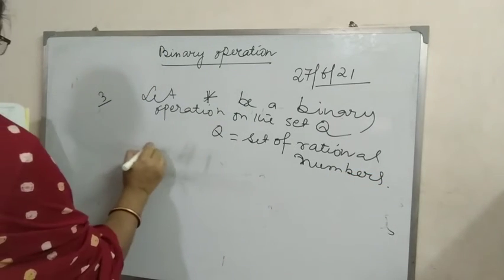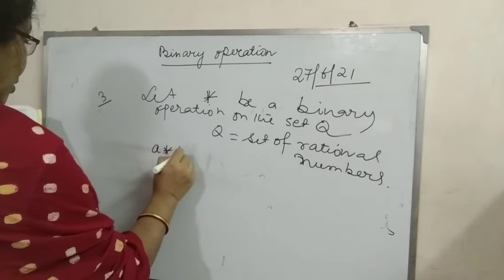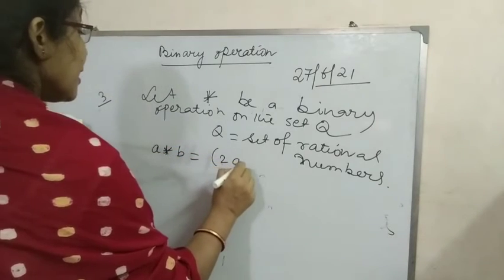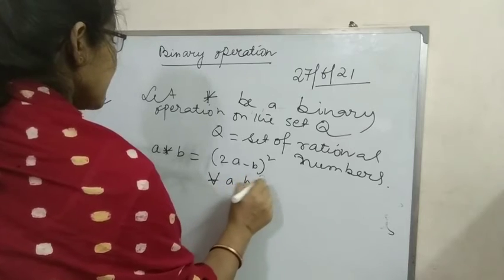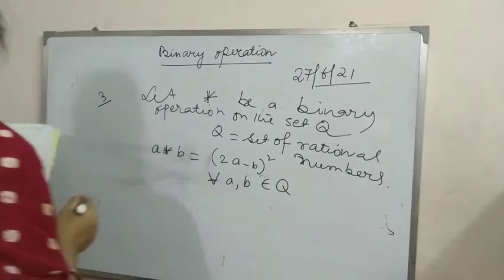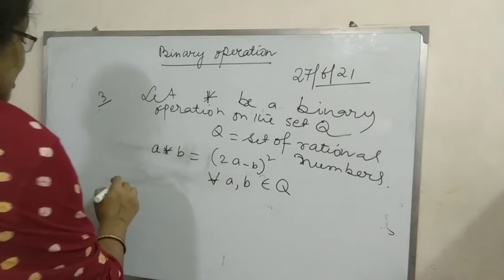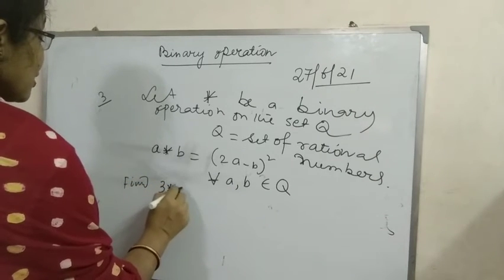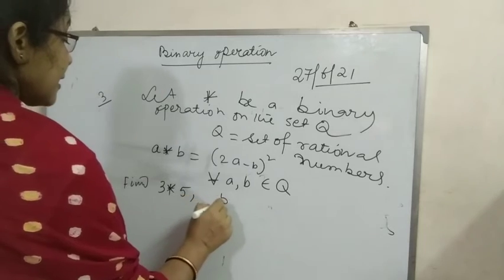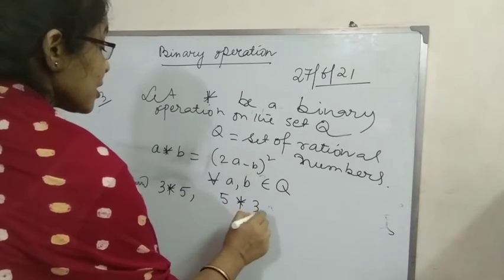And it is given that A operation B equals 2A minus B whole square for all A, B belongs to Q. Question is, find 3 operation 5 and 5 operation 3.